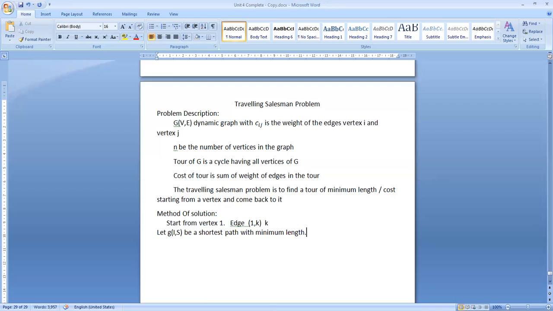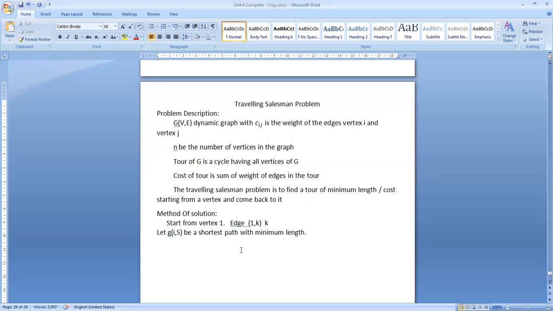Then, what is my aim? What does it mean? This expression, I want you to keep it very carefully. You are starting from vertex I, visit all the vertices of S and come back to the vertex 1. That is the meaning.